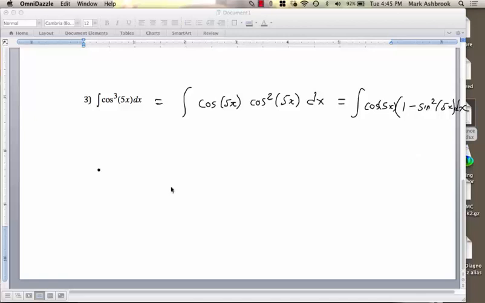And then, when you multiply it out, you've got 2 terms that we can do. You've got cosine 5x times 1, which we can handle, and then minus sine squared 5x cosine 5x, which we can also handle.